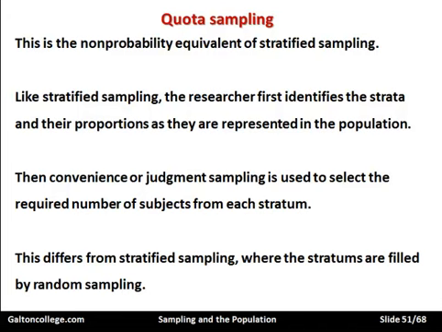Snowball sampling, again a non-probability approach, is used when the desired sample characteristic is rare. Sometimes people want to find out particular opinions about something. Let's say a sport.